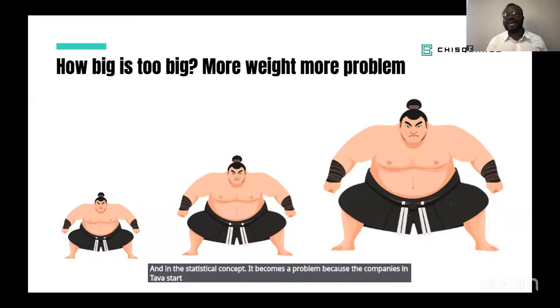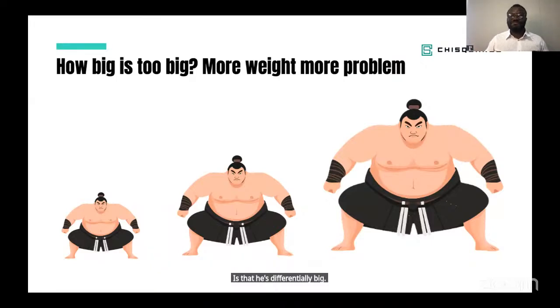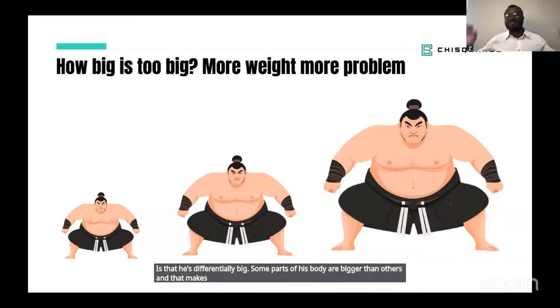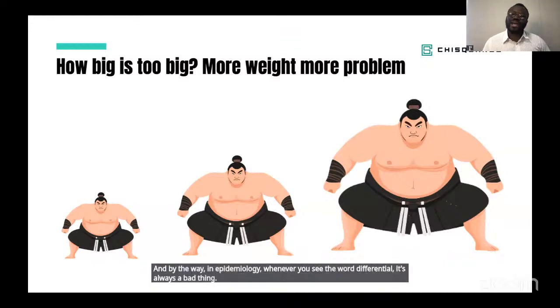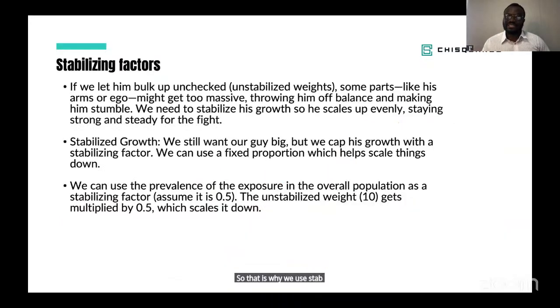So it's not that the guy is big that is a problem. It's that he's differentially big, right? Some parts of his body are bigger than others, and that makes him unstable. If he were just growing proportionally big, oh, like, good job. But it's that it is differential. And by the way, in epidemiology, whenever you see the word differential, it's always a bad thing. So that is why we use stabilizing factors in analysis.